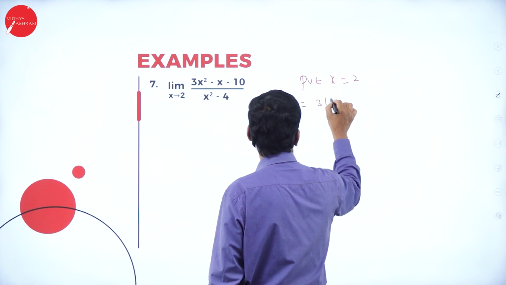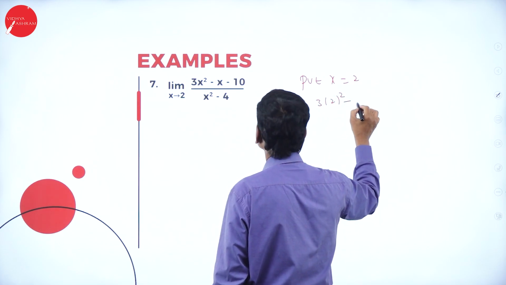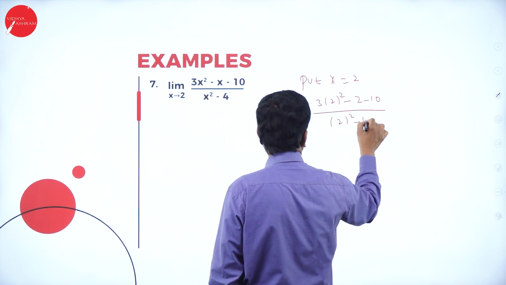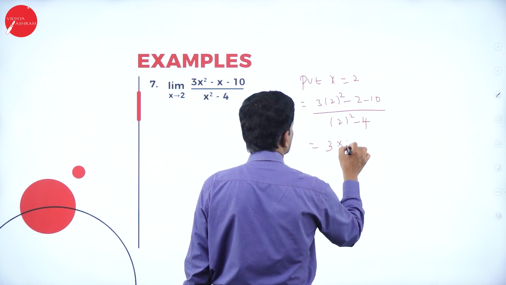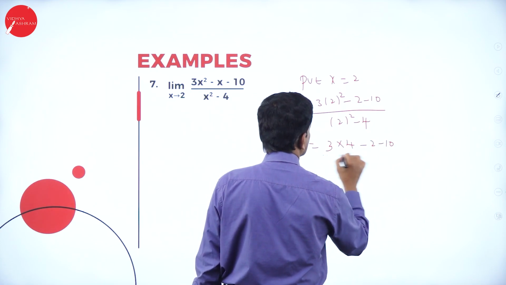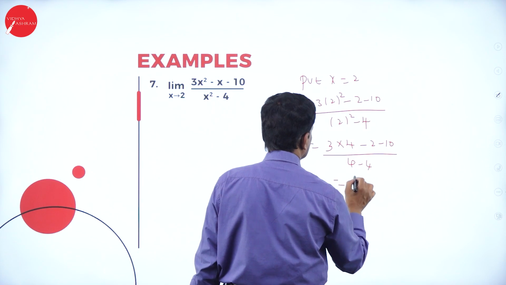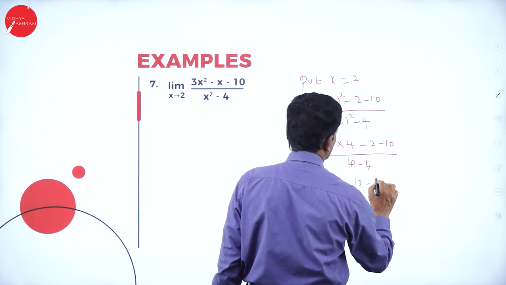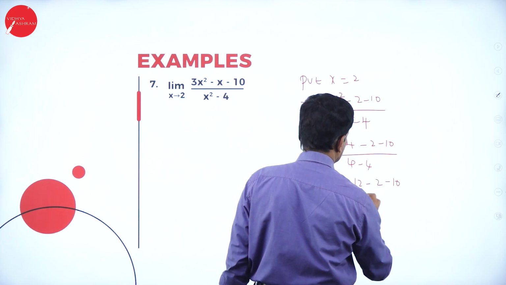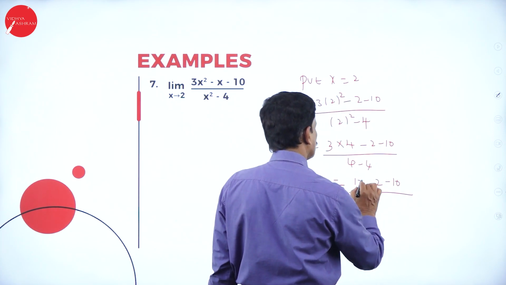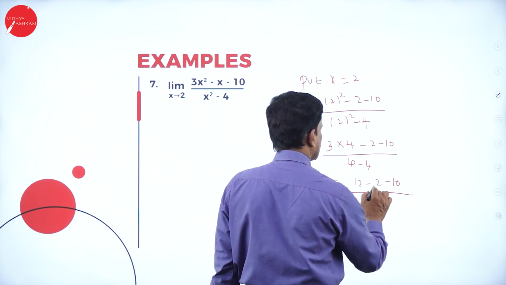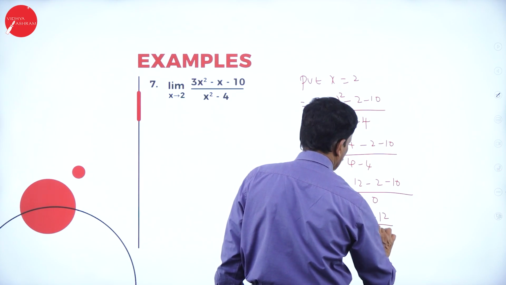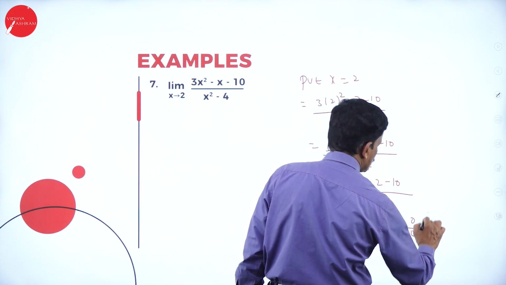Then this becomes 3 into 2 square minus 2 minus 10 divided by 2 square minus 4. 3 4s are 12, 12 minus 2 minus 10 divided by 4 minus 4. So 12 minus 2 minus 10 is 0, divided by 0. 0 by 0 form is obtained.